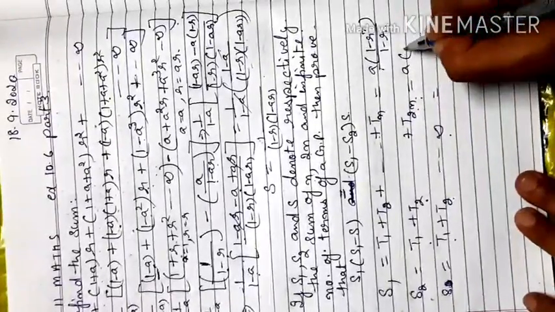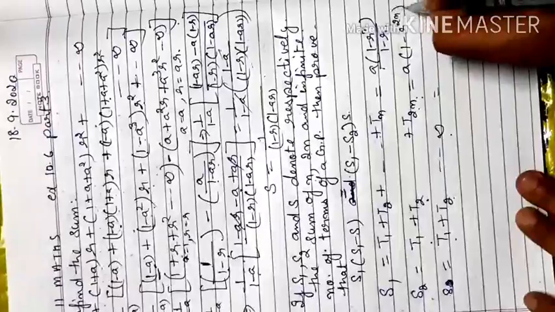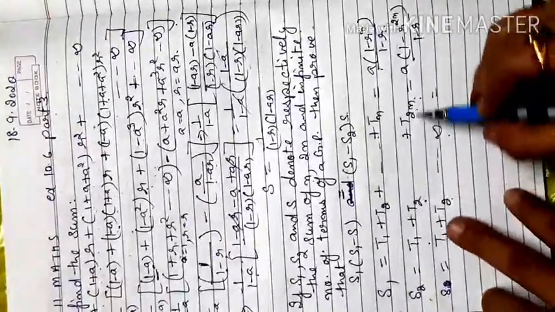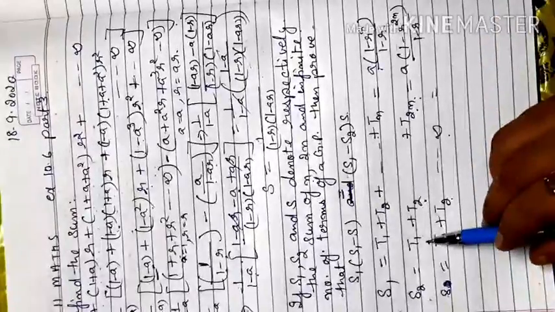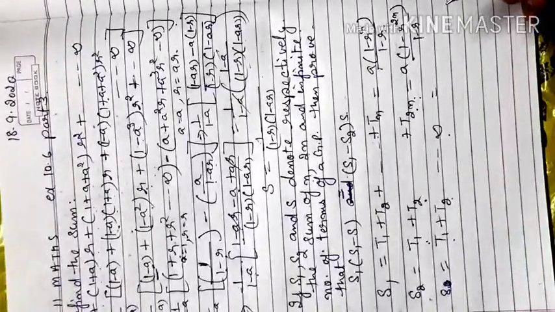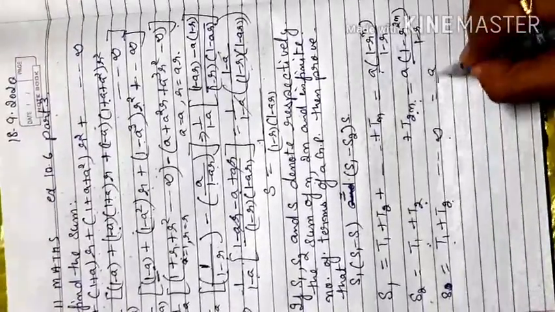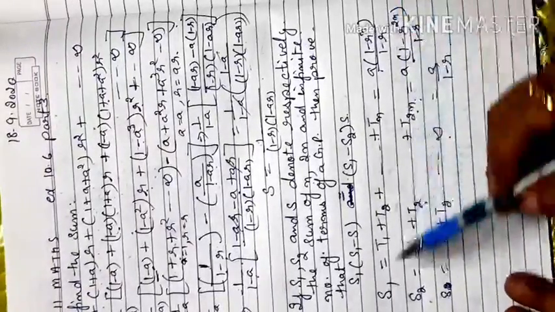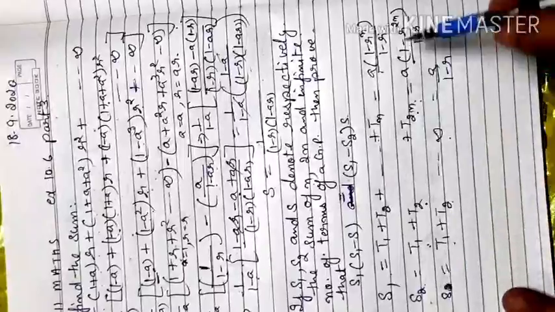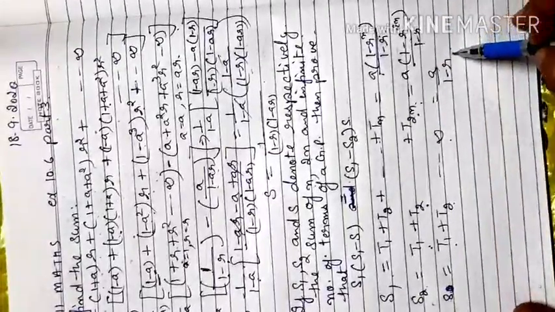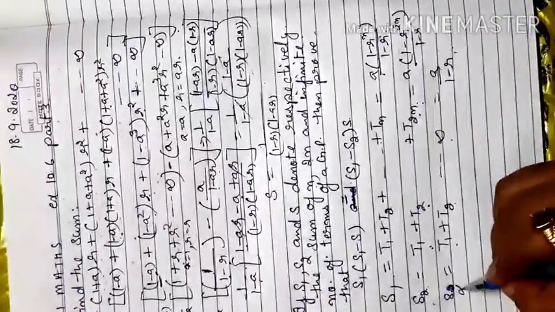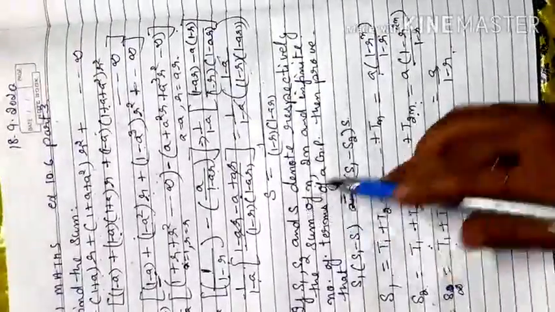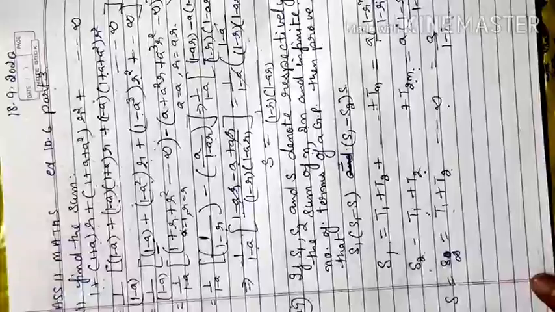Here also a(1 minus r^2n) upon 1 minus r, because here your last term is 2n and first term is a. Here in the infinite series your required formula is a upon 1 minus r. So this is the S1 value, this is the S2 value, and this is your S infinity, or you can write the sum of infinity terms, that is represented as S. According to the question, that is represented as S.